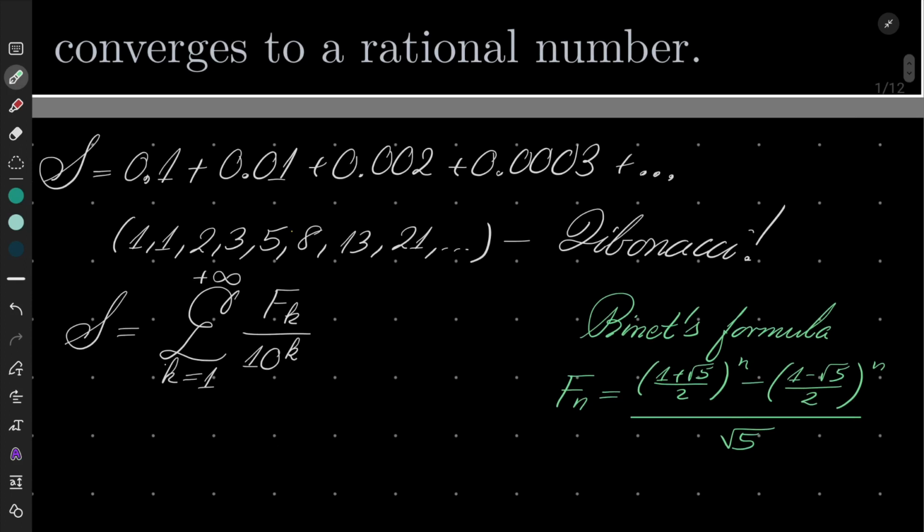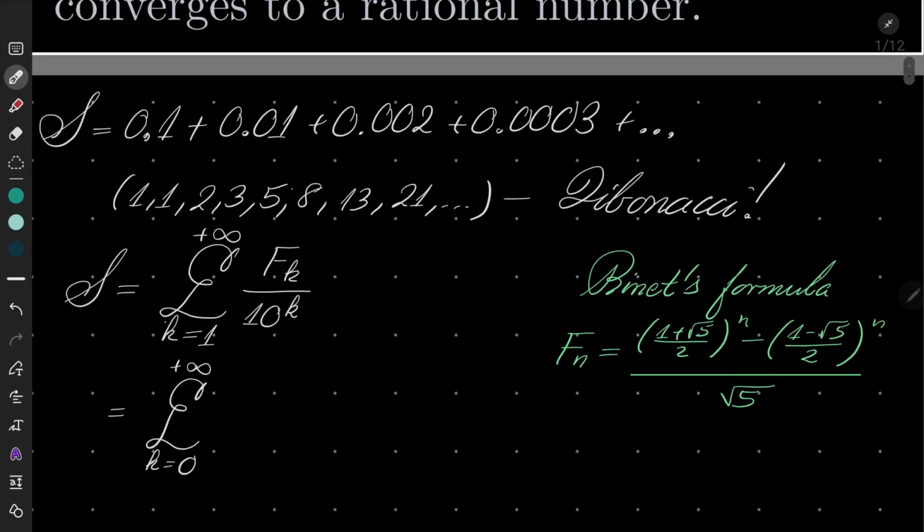And this also works for n equals 0. It is convenient to extend our sum to the 0th term. It's legal because f0 is 0, so we are adding a 0 to our sum, so it doesn't change.